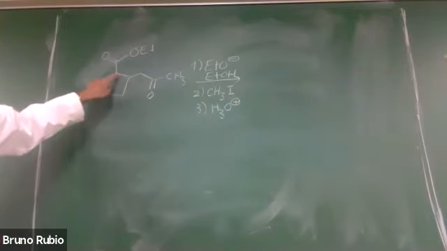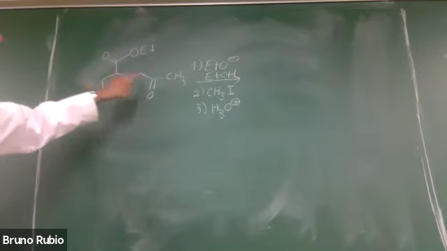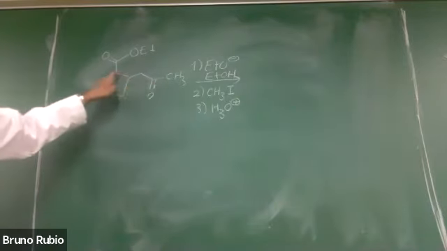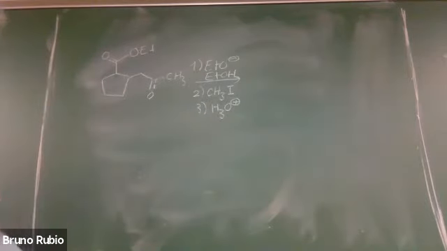If we have a negative charge here, the most likely reaction would be an intramolecular reaction where this negative charge, this enolate, is going to attack a carbonyl. But the only available carbonyl is 1, 2, 3, 4 bonds away, so that's not going to happen.